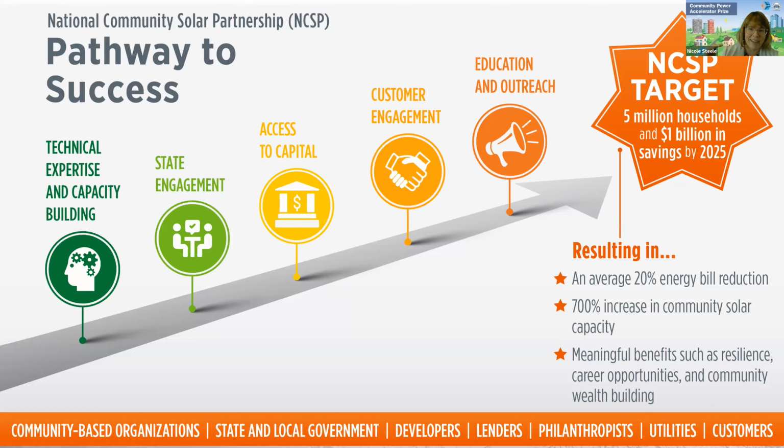Now, we looked at what status quo would have done over that time, and really what it is a 700% increase in deployment. So from 5 gigawatts of community solar back in 2021 to 20 gigawatts of community solar in the United States by 2025.